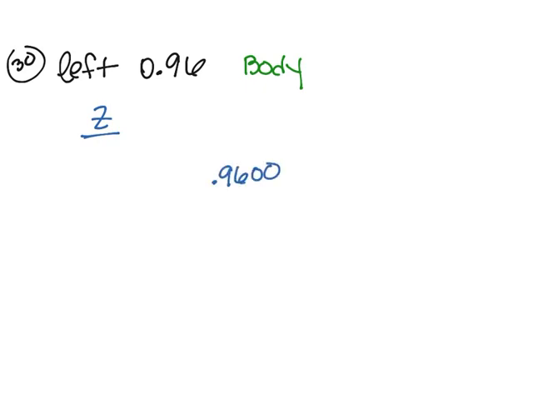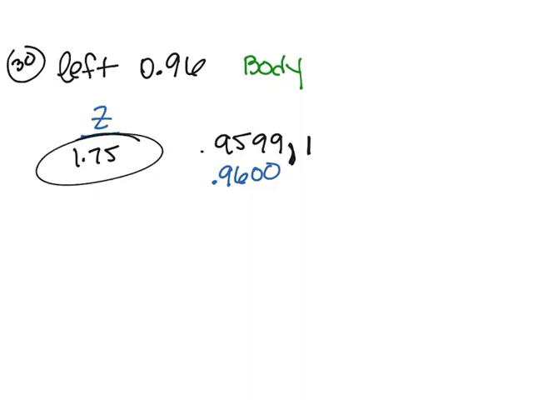And when you look at your choices that are given, the 175 is going to be your closest because you do have multiple choice, okay? When you look at 175, it's going to say 0.9599, and that's not but what? One number, okay? So that's going to be the z-score we're going with.